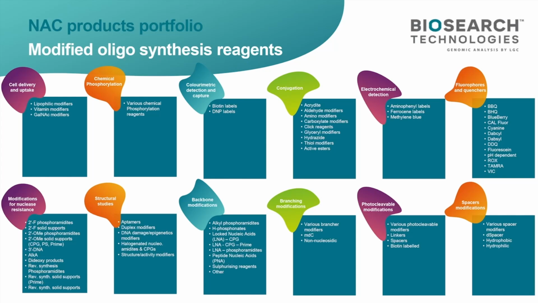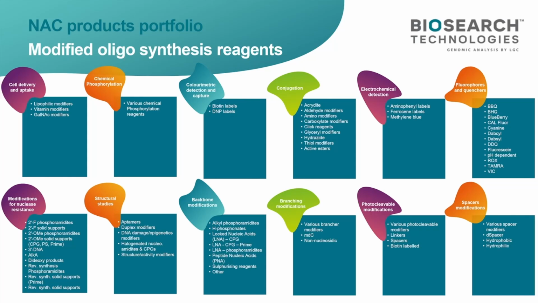Then you have specific modifications for nuclease resistance, structural studies, backbone modifications, branching modifications, photocleavable modification. That's an interesting part, that you actually use light to deprotect, to remove the protecting groups. And spacer modification. This is for extensions or for branching, so you can then label the oligo or connect or conjugate it to something else, like a surface, peptides, proteins, etc.